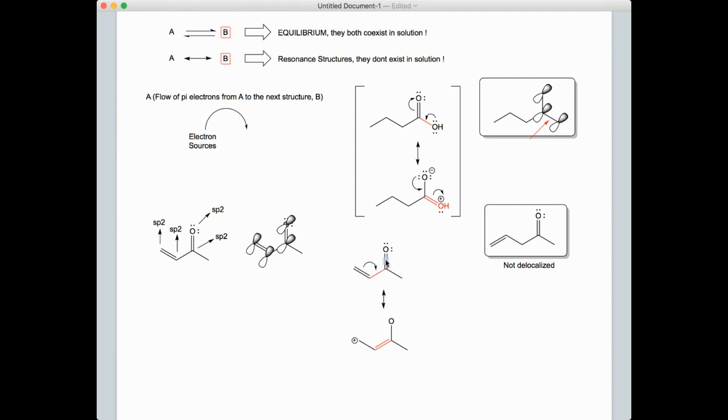Okay, and if I do this, I need to break this double bond, obviously, because this carbon can't have 5 bonds. And then, obviously, I have to send this double bond here to the oxygen. Okay?